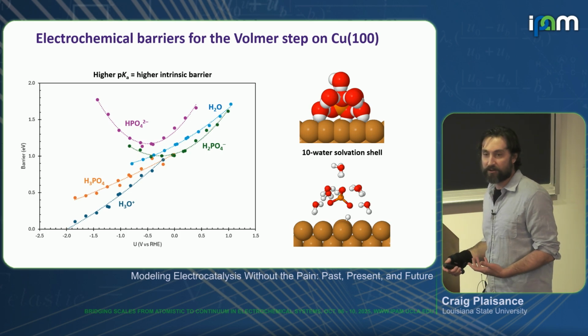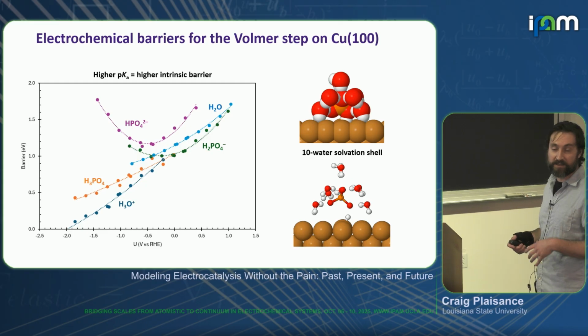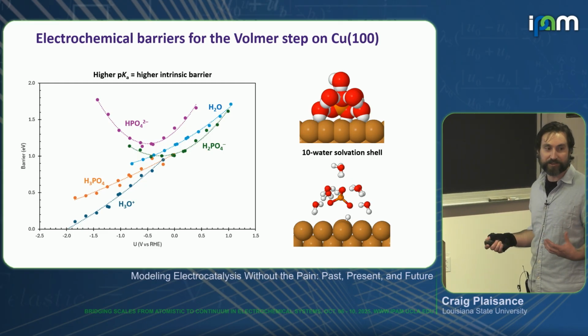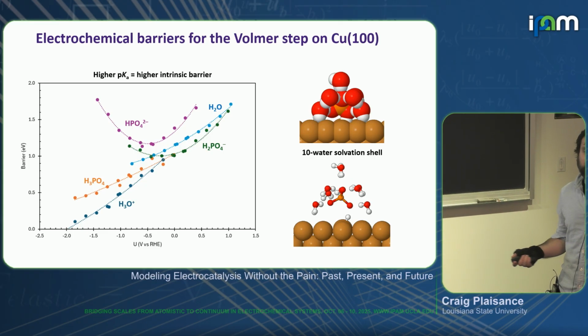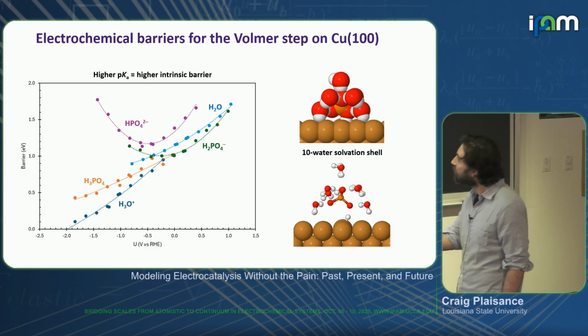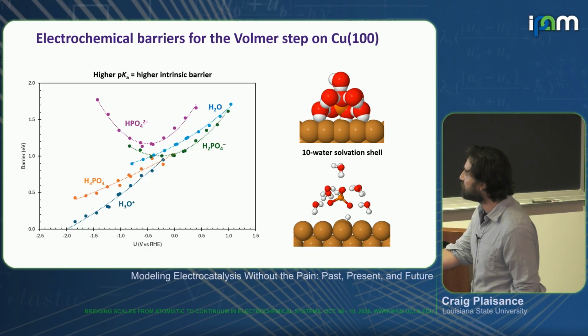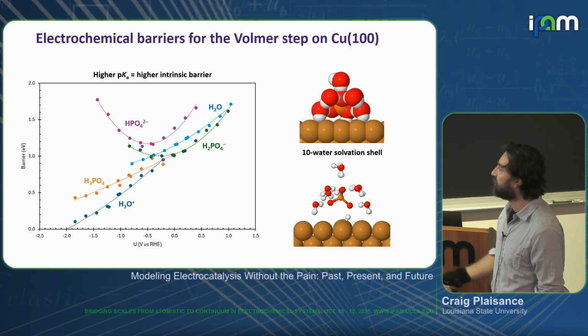Because in CO2 electrolysis, a lot of the times these buffering agents are in the electrolyte and actually participate in the proton transfer reactions.